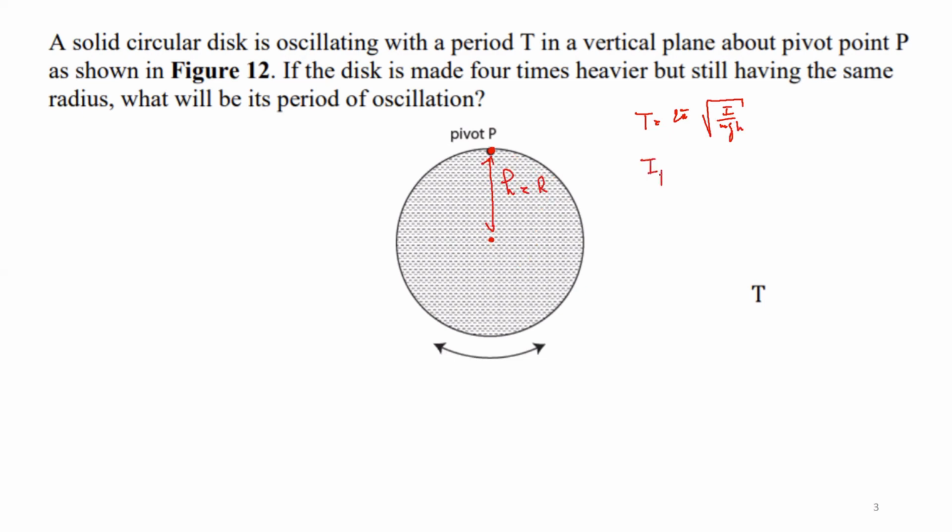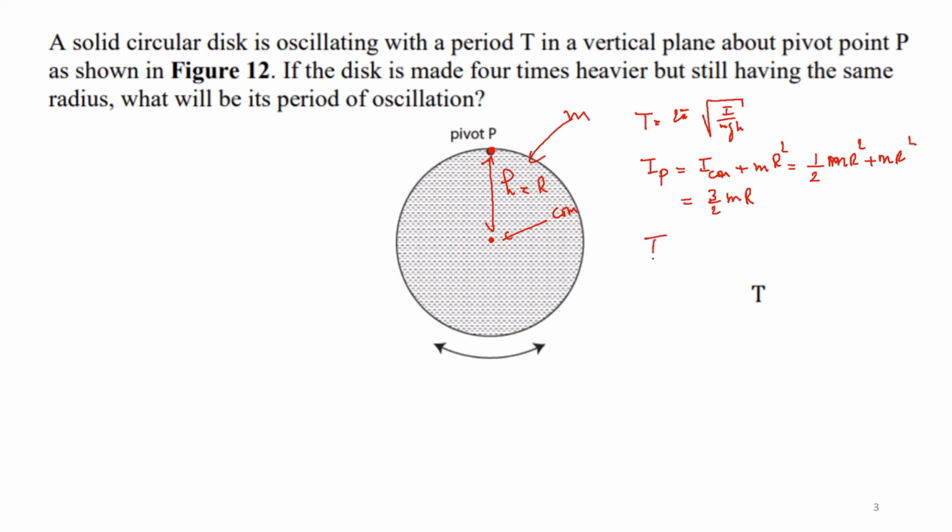So the moment of inertia around P is the moment of inertia around the center of mass, which is here as we said, plus the mass of the disk times h squared, which is r squared. So you remember, the moment of inertia around the center of mass is half m r squared, plus m r squared. So the new moment of inertia around P is 3/2 of m r squared, m being the mass of the disk.